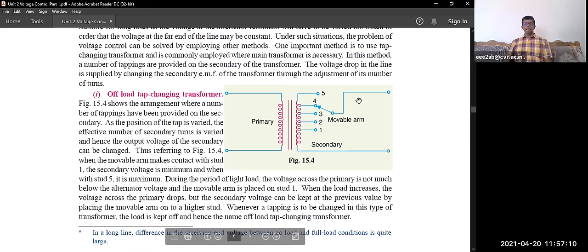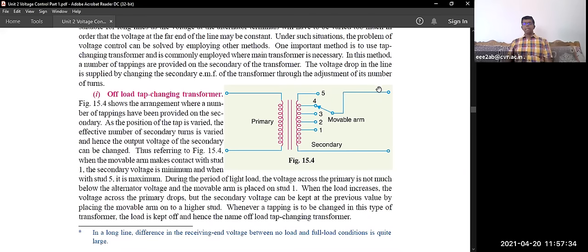But one of the major disadvantages in this off-load transformer is that while changing this operation, the load on the secondary side will be disconnected for some seconds, for some 30 or 60 seconds.